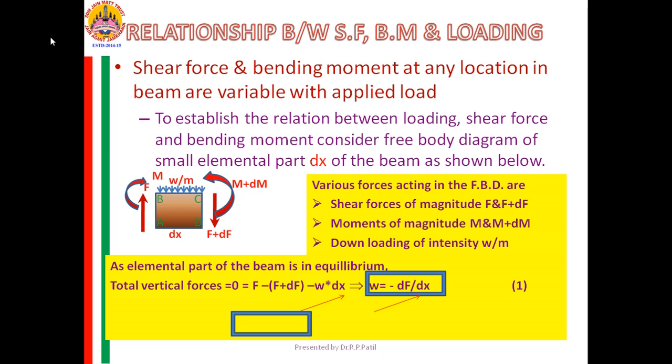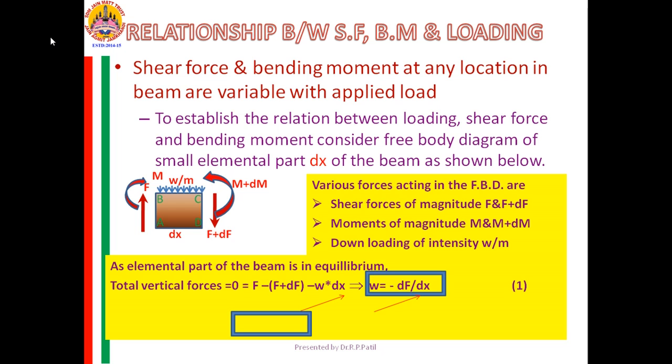Next, go for that small w. w is per meter run. For a length equal to dx, what is the load? w into dx is the load. Where will it act? It will act at a distance of dx by 2. Therefore, a clockwise moment of w into dx by 2.